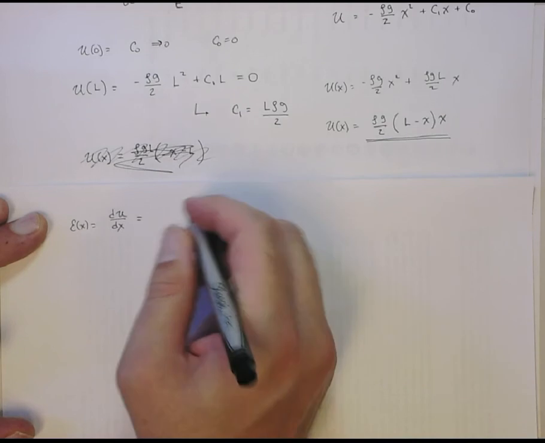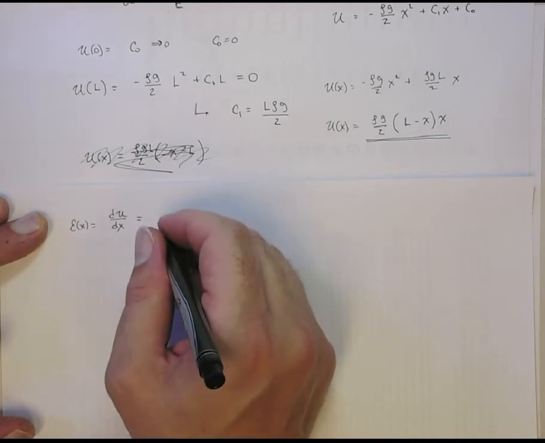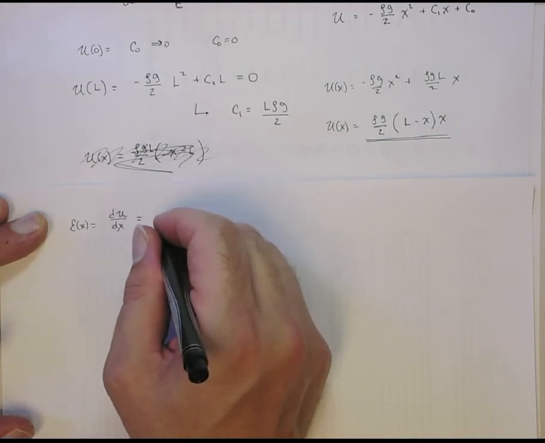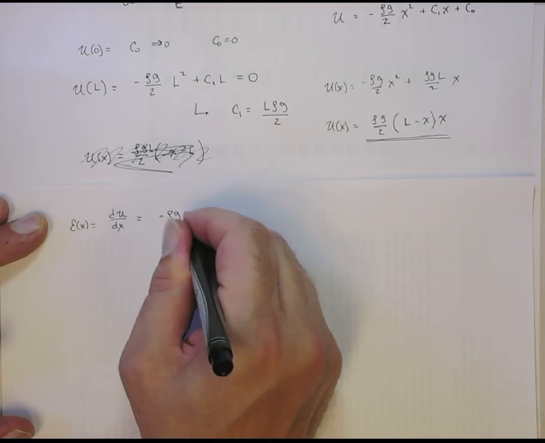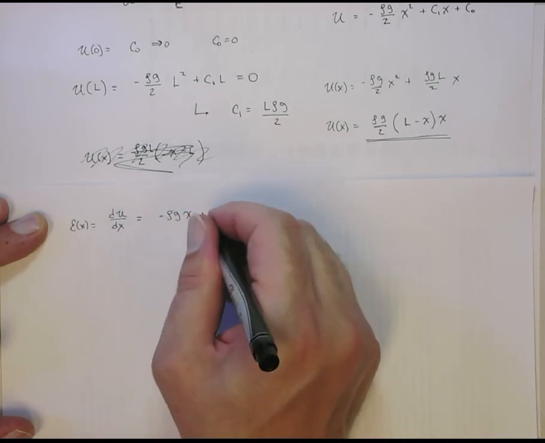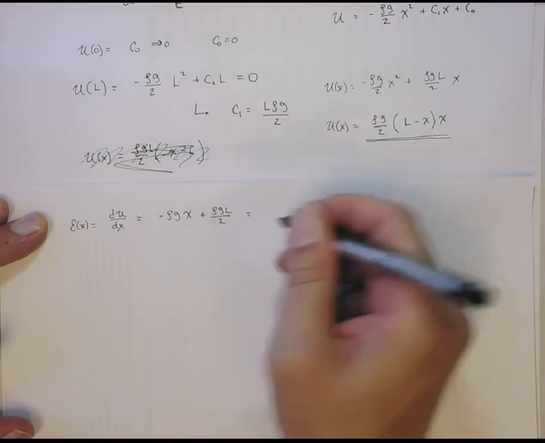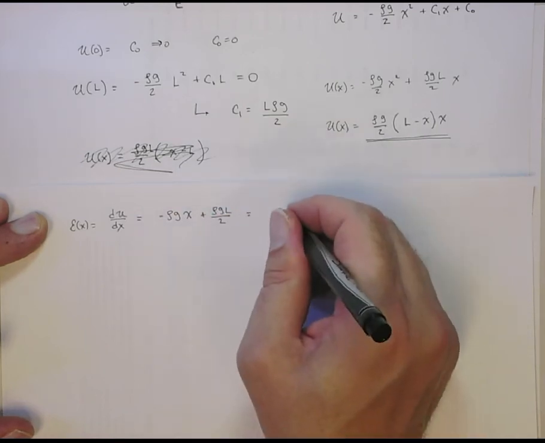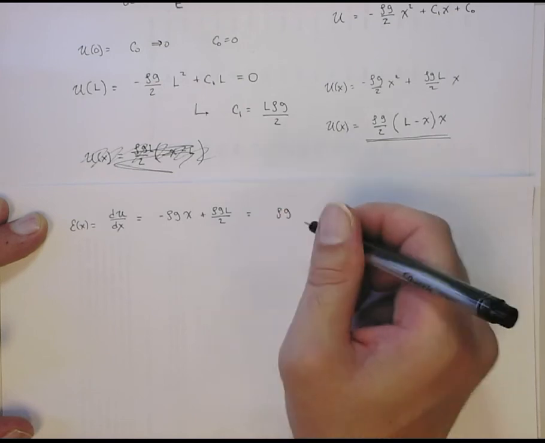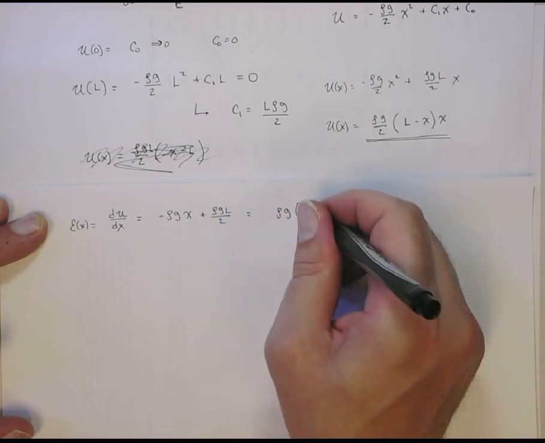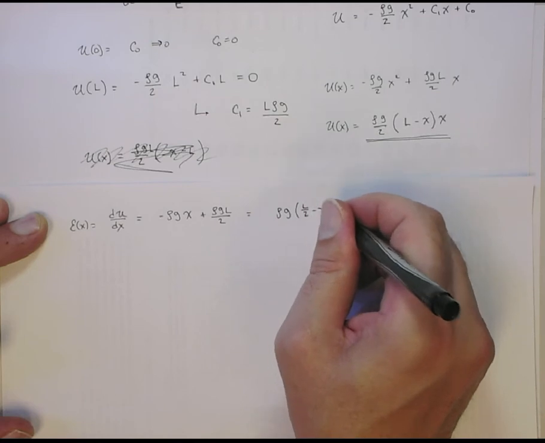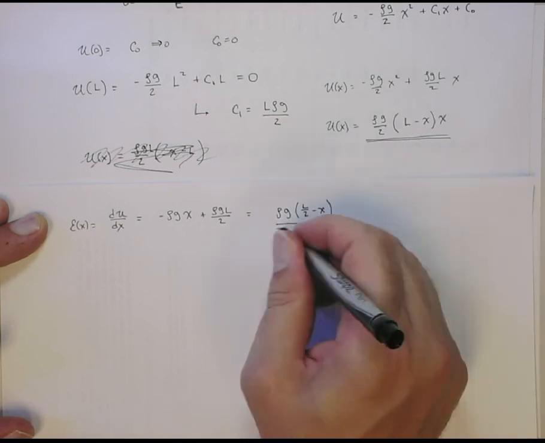So when I take the derivative of that, I get minus rho gx plus rho gL on 2, which I can write as rho g, L on 2 minus x. That's the strain field.